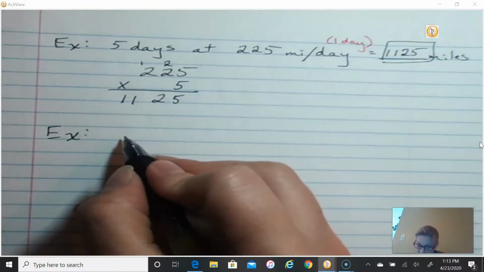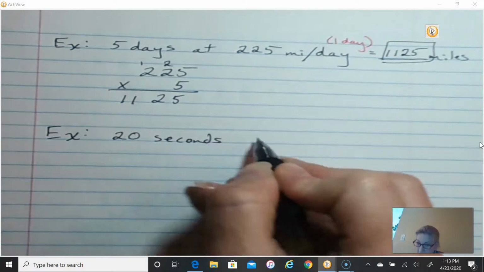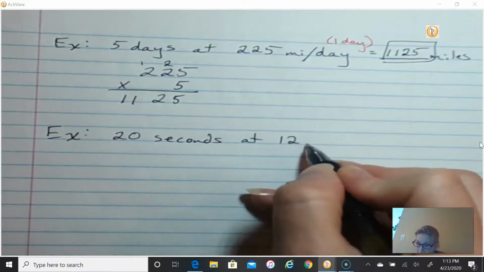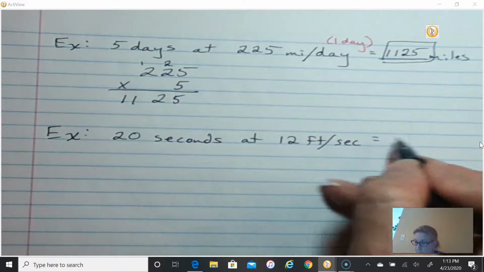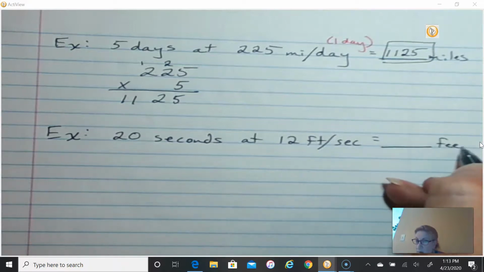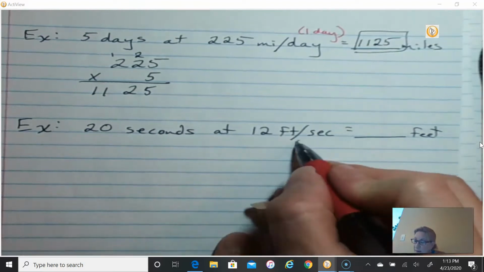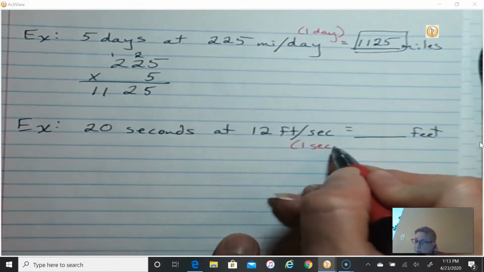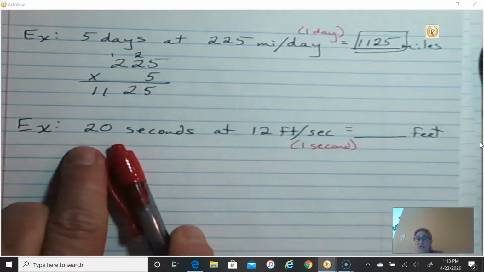20 seconds at 12 feet per second. And they want to know that's 12 feet for 1 second. They want to know how many feet in 20 seconds.